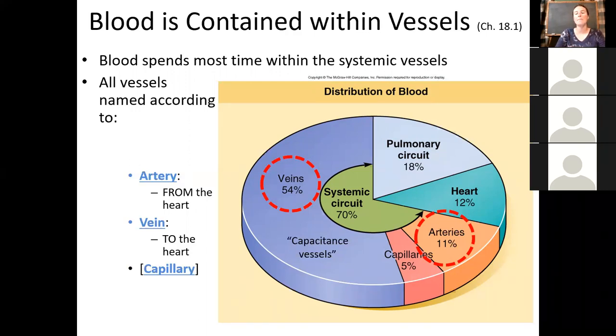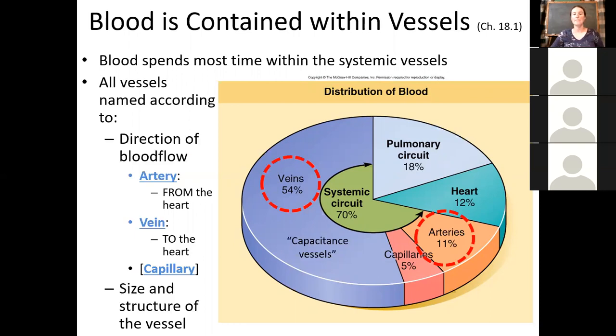In between the arteries and veins, we have the capillaries, and the capillaries are the thinnest vessels. They're where exchange with the tissues is actually occurring. All the oxygen gets unloaded from the capillaries to the tissues. All the sugar, all the vitamins, all of these things get unloaded from the capillaries, not from the arteries or the veins.